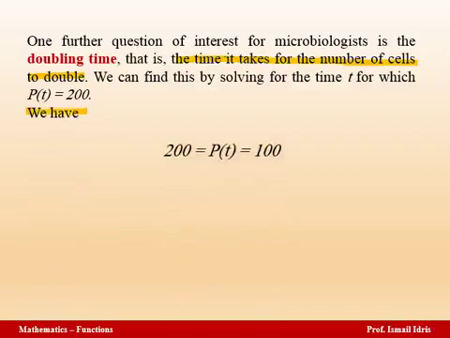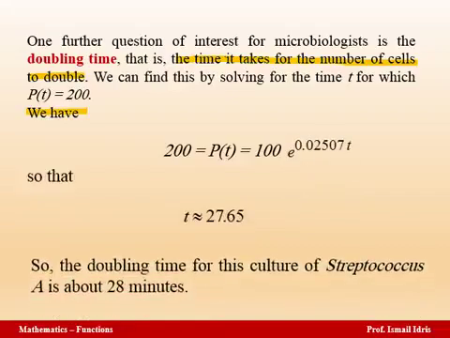Substitute now in the formula that we got in the first requirement. This one, 200 equals B of t, and we have k here. How can we find t? To find t, you take ln of each side.